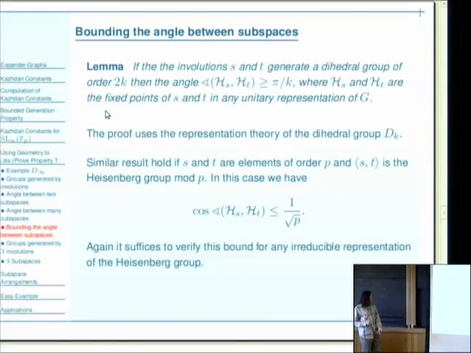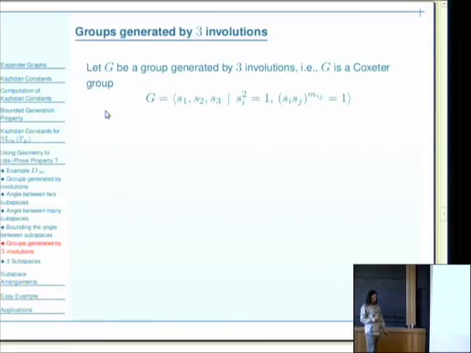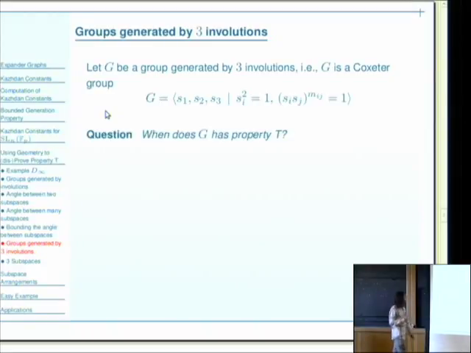Okay, so now let's play with another toy example. Suppose that I have a triangle-generated Coxeter group. So this is a group which is generated by 3 elements of order 2, such that the product of any 2 of them is of some fixed order. And the question is, you have a family of groups, when do you have property T?